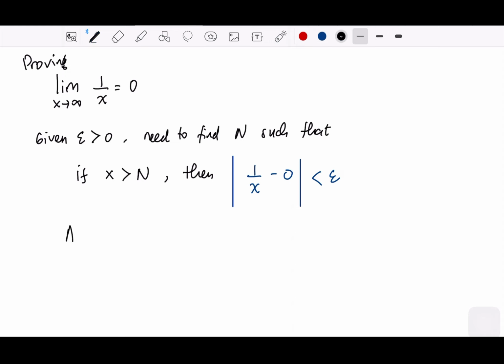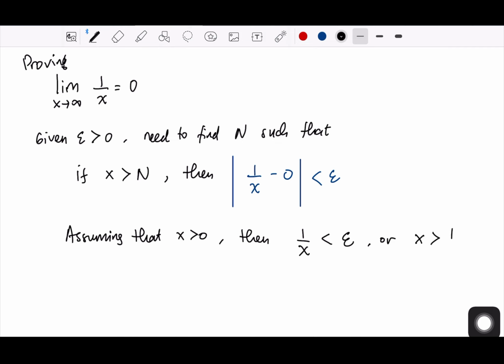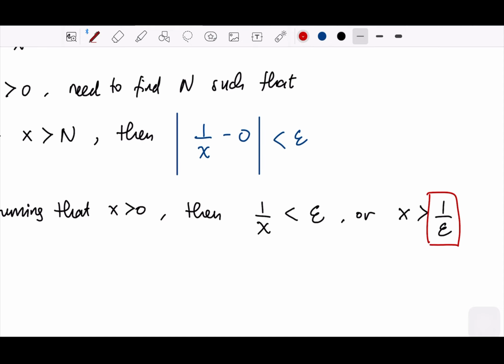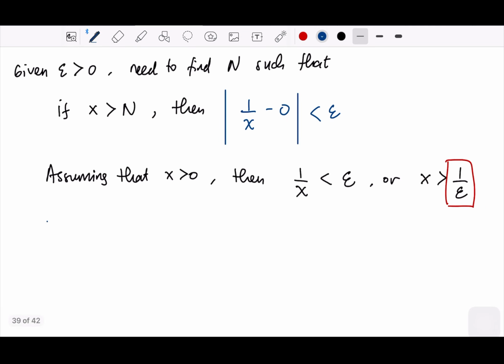And assuming that x is positive, so it's going to be on the right side, then we have 1 over x is less than epsilon, or x is greater than 1 over epsilon. Now because we have this, it's obvious that we choose n equal to 1 over epsilon.